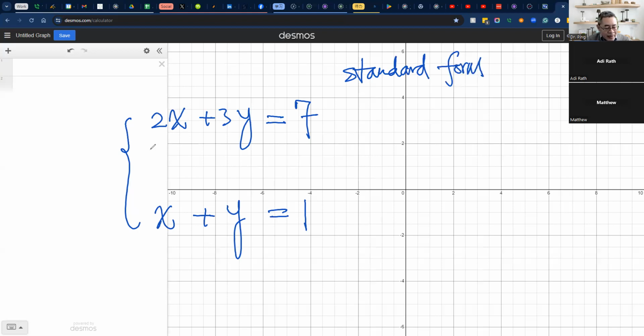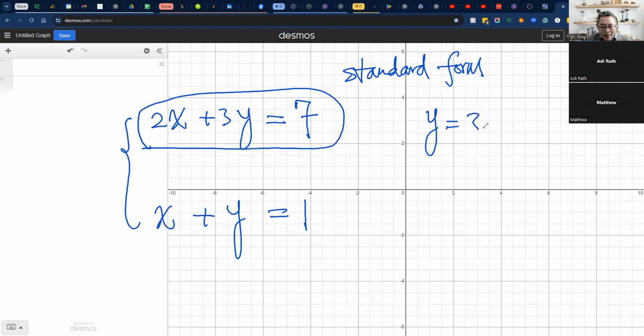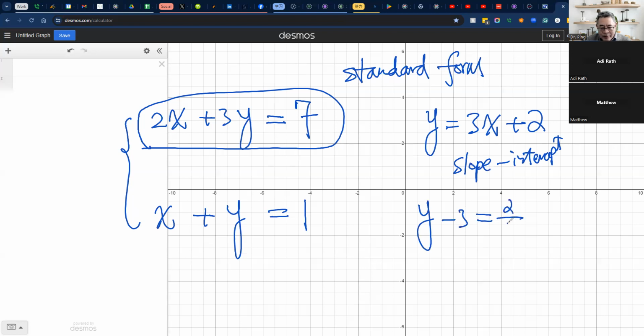So there are basically three ways of describing a linear equation. This is standard form. We also have this form, which we did early on, called slope-intercept form. Then we have y - 3 = 2/3 (x - 1). This is called point-slope form.